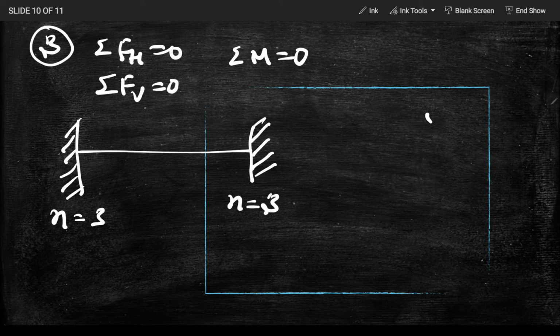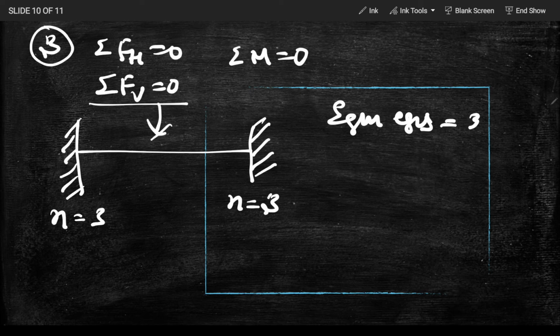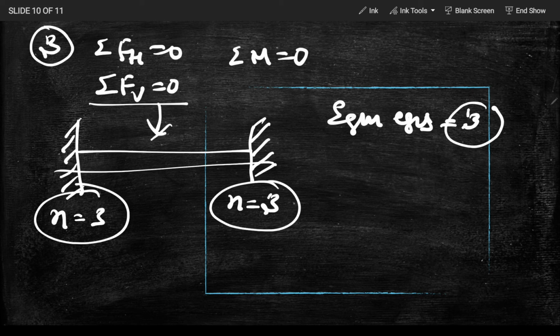But equilibrium equations to solve this we have is only 3. So 3 equations of equilibrium will not be enough to solve the 6 unknowns which are there in this. So that's why this type of beam is called a statically indeterminate beam.